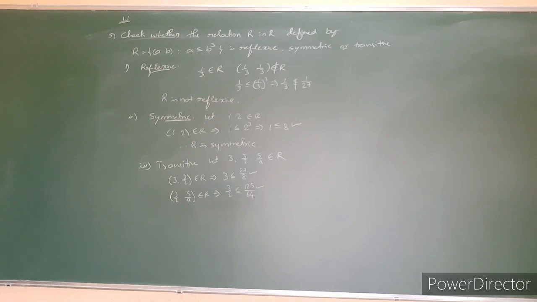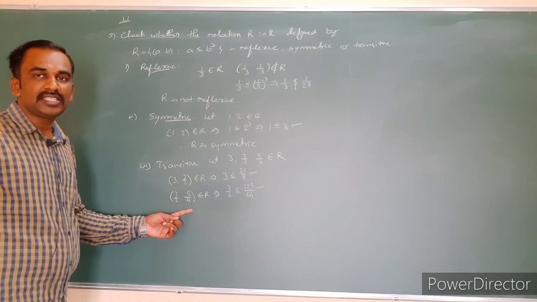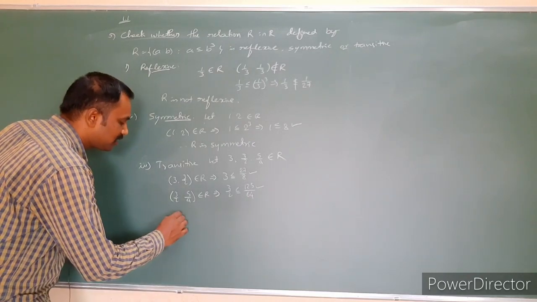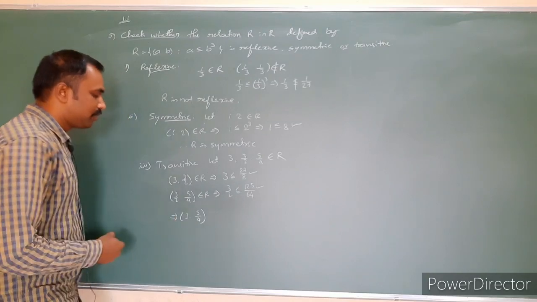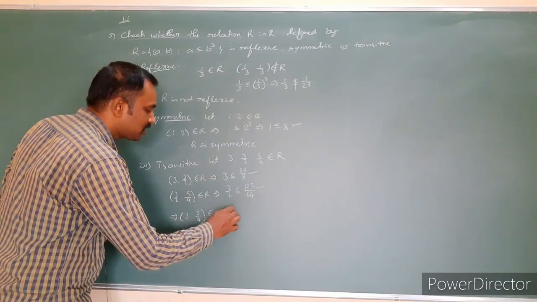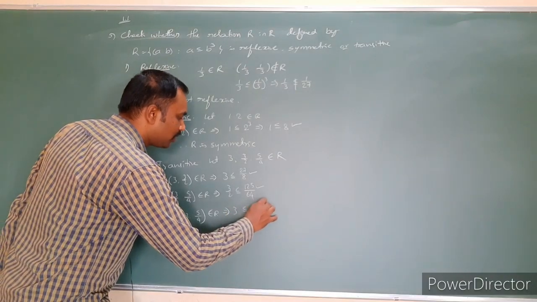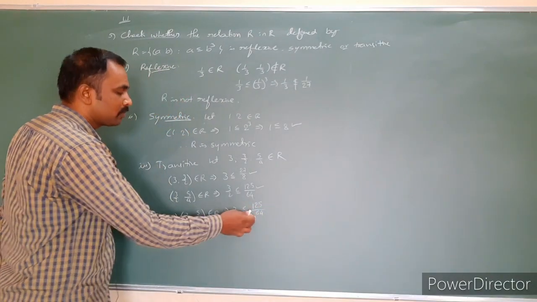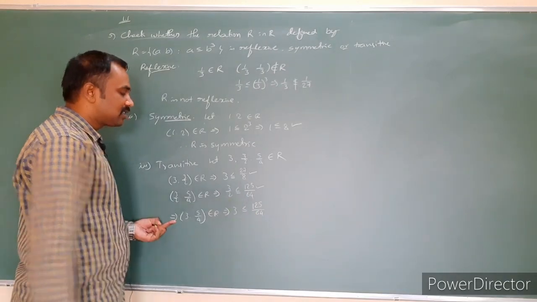After satisfying that condition, now (a, b) belongs to R and (b, c) belongs to the relation R. Then check (a, c), that is (3, 5 by 4), whether it belongs to the relation or not. That means is 3 less than or equal to 125 divided by 64? It is less than 3.